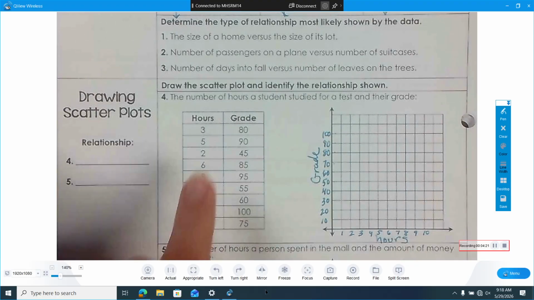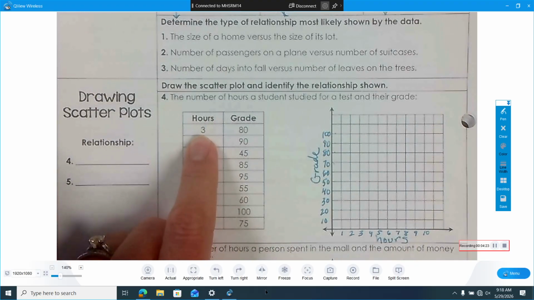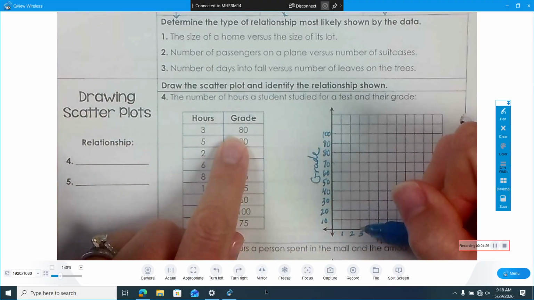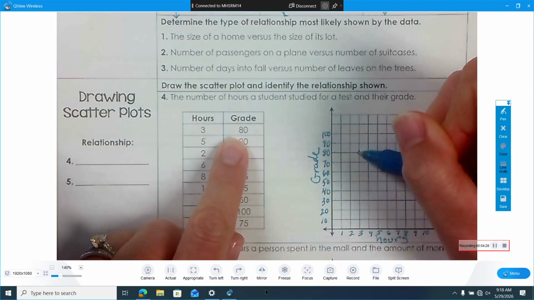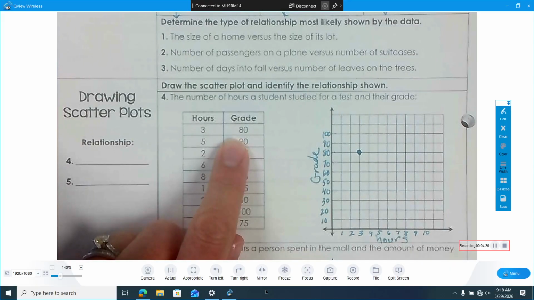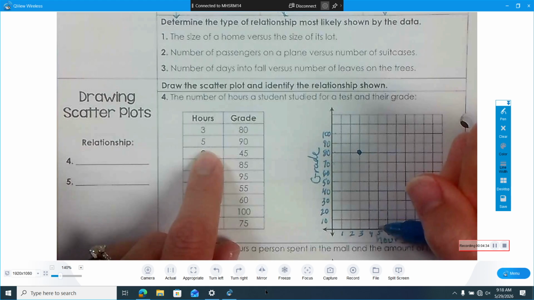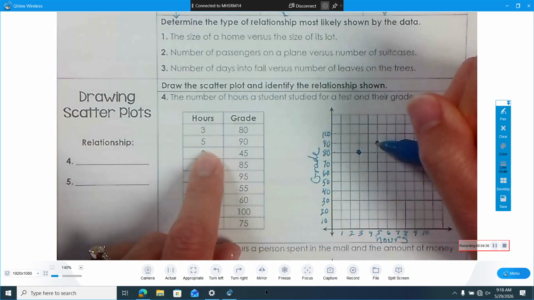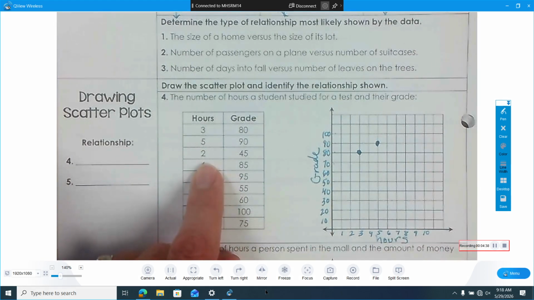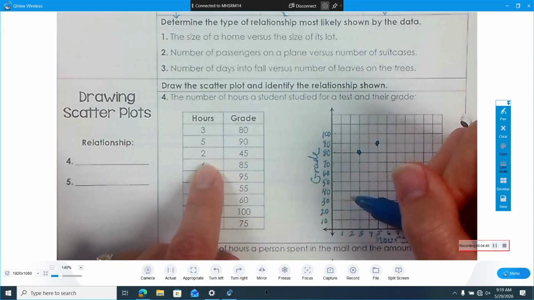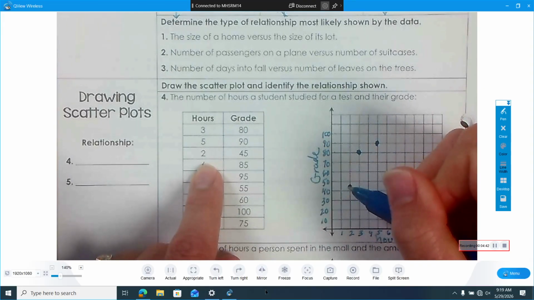Once you've got your graph labeled, we can start plotting points. So go ahead and plot 3 hours and a grade of 80. 3 hours studying, they got an 80 on their test. So you should have a dot like that. 5 hours studying, and they got a 90 on their test. 2 hours studying, and they got a 45.